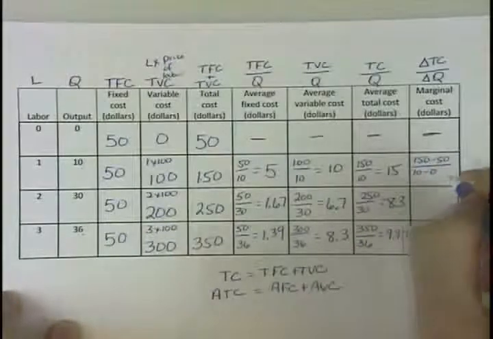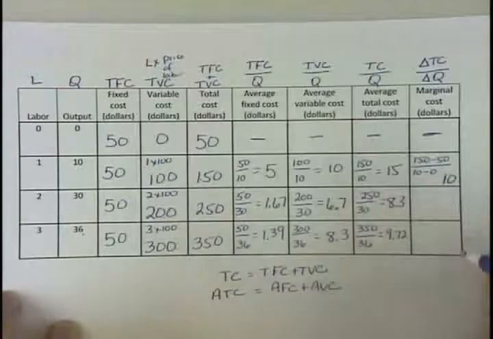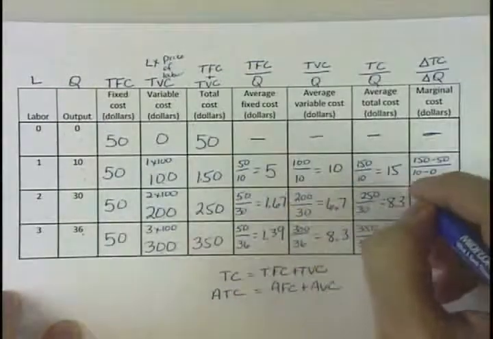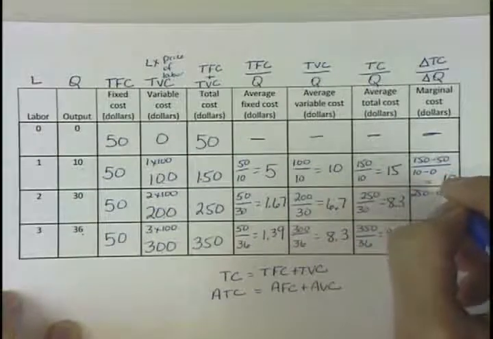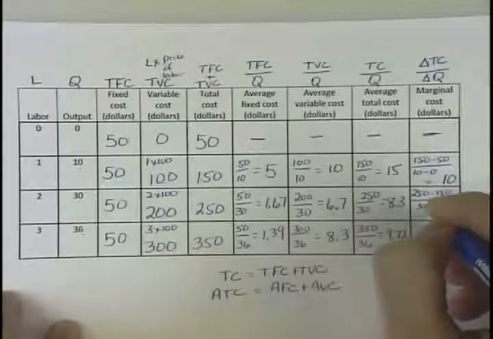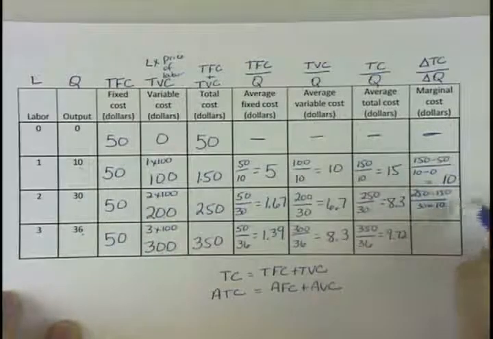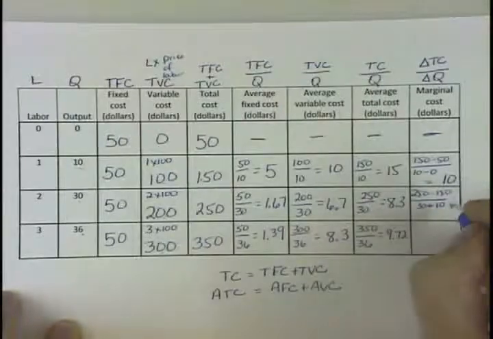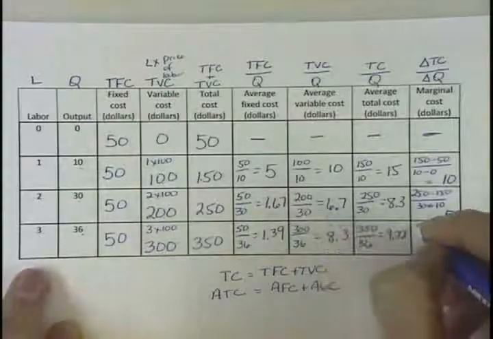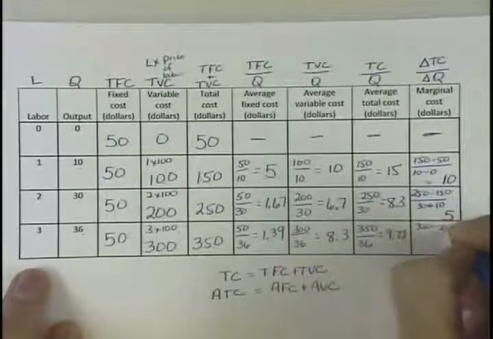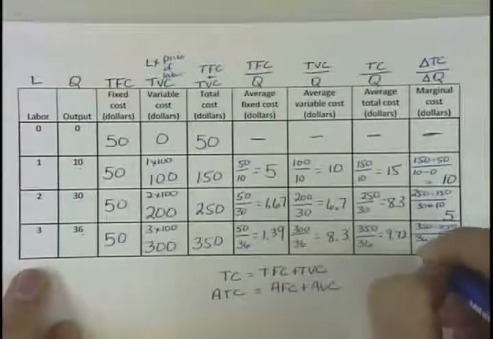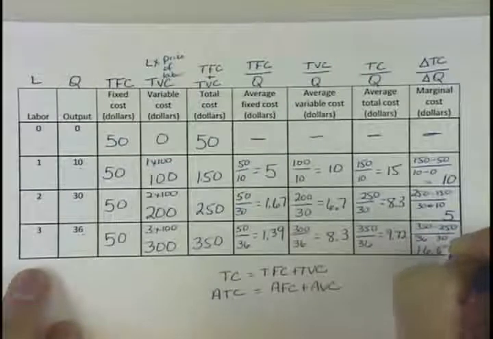That's going to be 100 divided by 10, which is 10. Then we change from here to here, so we take 250 minus 150 divided by 30 minus 10. So it's going to be 100 divided by 20, which is going to be 5. And for the last one, we do 350 minus 250 divided by 36 minus 30, and that turns out to be 16.67.